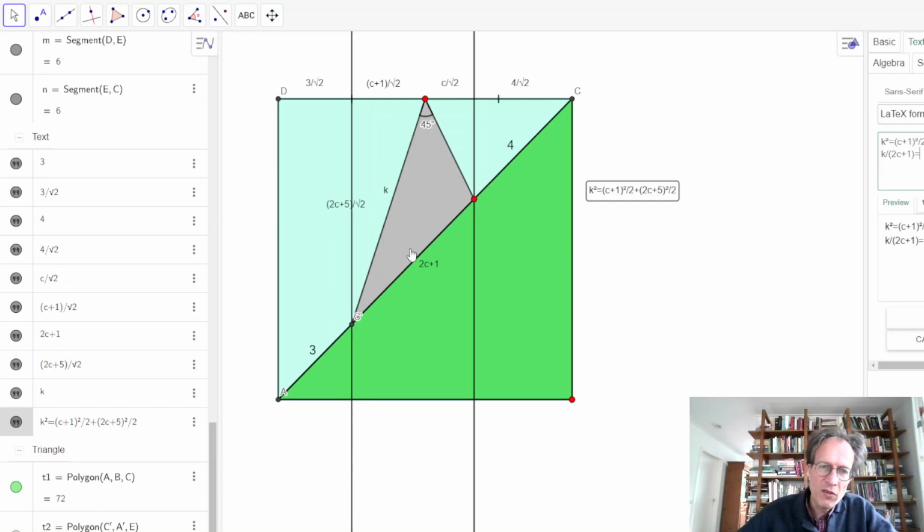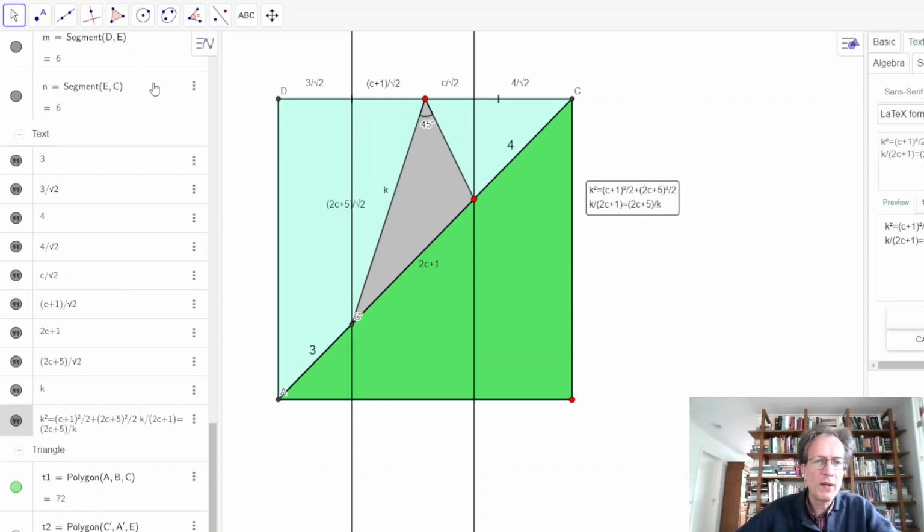In this triangle the long side is 2c plus 5, and the middle side again is k. So that's an equation from the similarity of those two triangles.